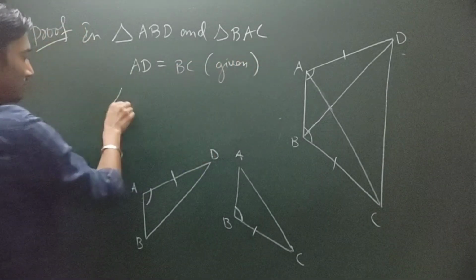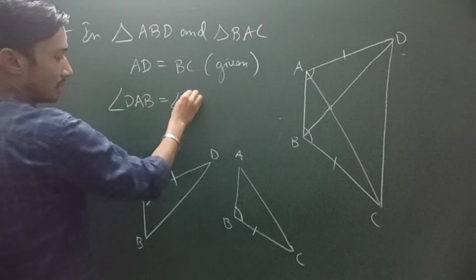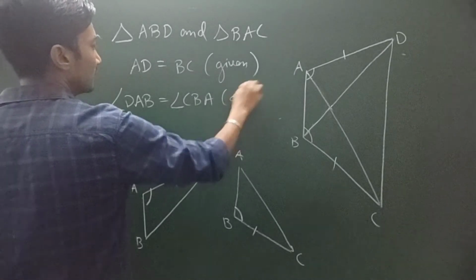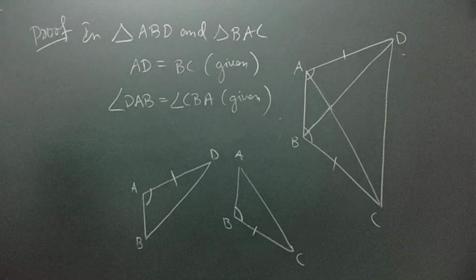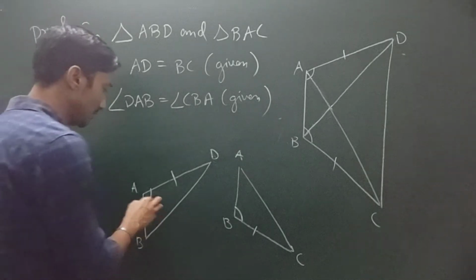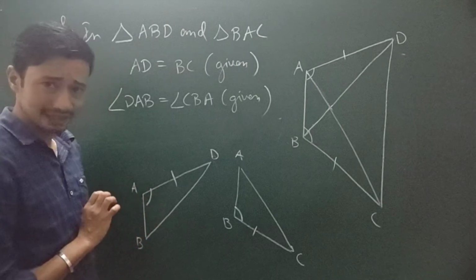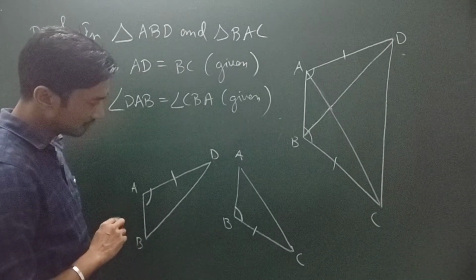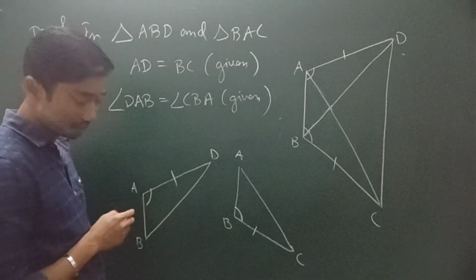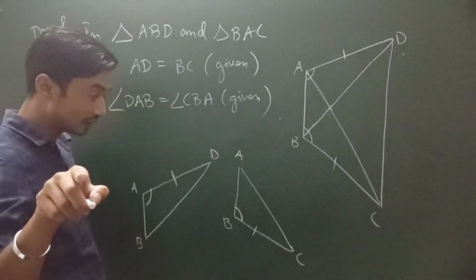One angle already same. Angle DAB is equal to angle CBA. This is also given. Now you see, anything same in these two triangles? Any side same? Check properly. Any two sides same? Put it in the comment section below if you can find any two sides same here. Chalo, write it down in the comment section.